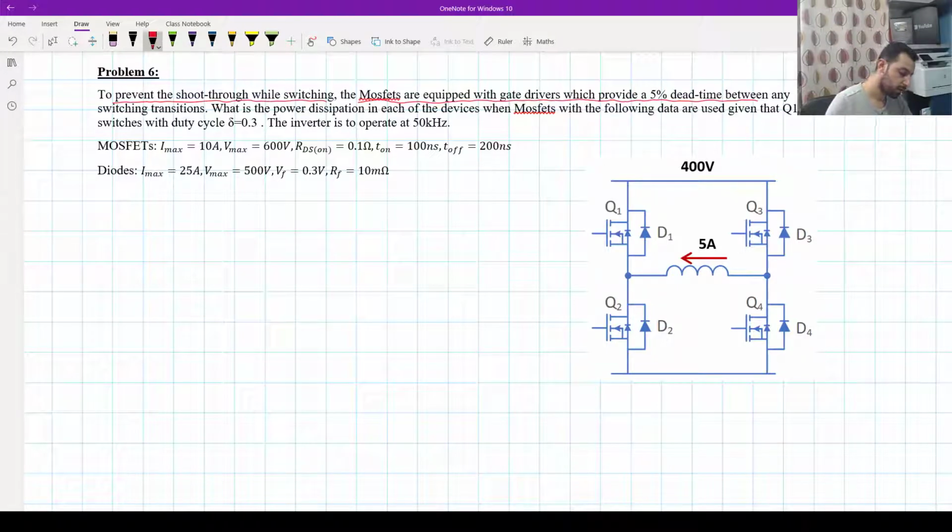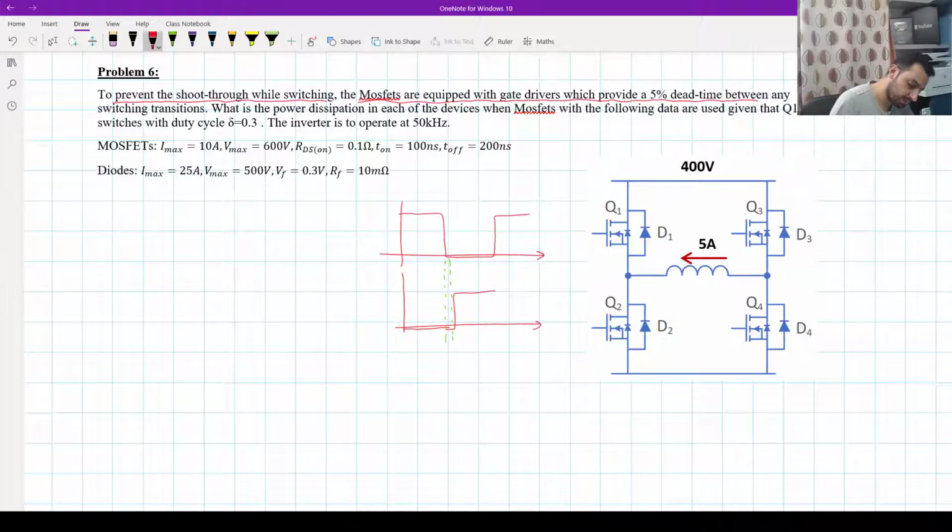Okay, so we have, for example, the first switch is on and off, and then will be on and off. The second switch here is off, and before turning on, it has to wait a small dead time, and then it will turn on.